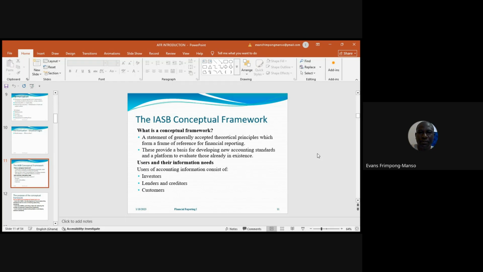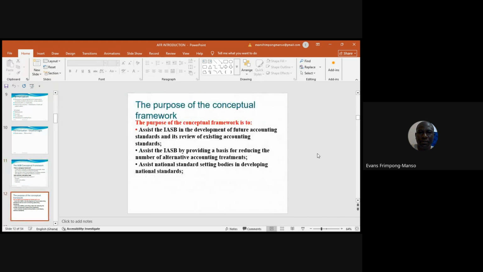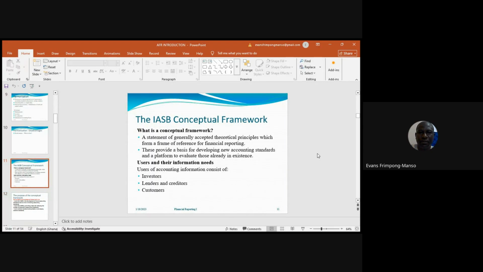So if you look on the current slide, you will see that I've put some of the users there. Investors are users. Lenders and creditors, they are users of the financial information. Customers, they are users. Bankers, they are users.